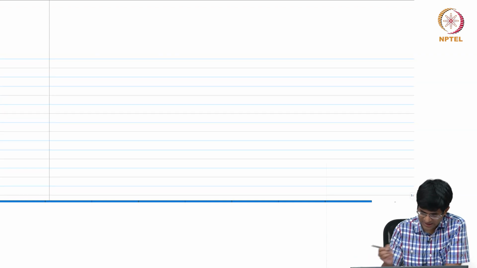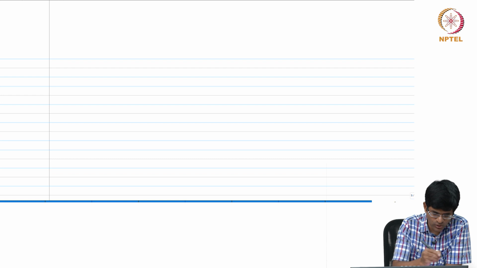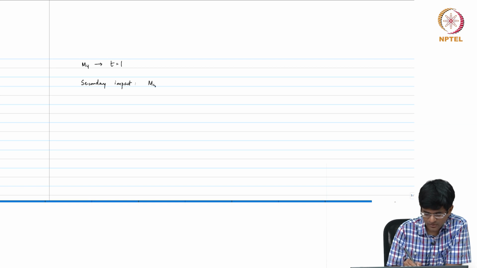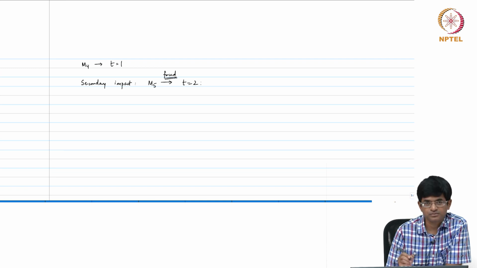Okay. There is one last step that we need to consider over here, which is when M4 goes into t equal to 1, the secondary impact of this is that M5 is forced into t equal to 2, right.